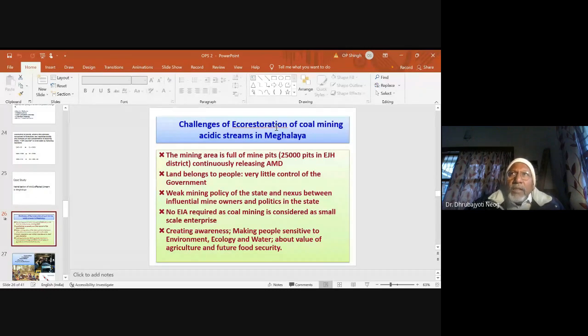It was a big challenge to start this project because in Meghalaya, land belongs to the people. So you cannot do anything without the permission of the people. If they don't want, then you cannot do anything, any research activity. So it was a big challenge because the mining area is full of mine pits. In Jaintia Hills alone, about 25,000 mine pits are present.